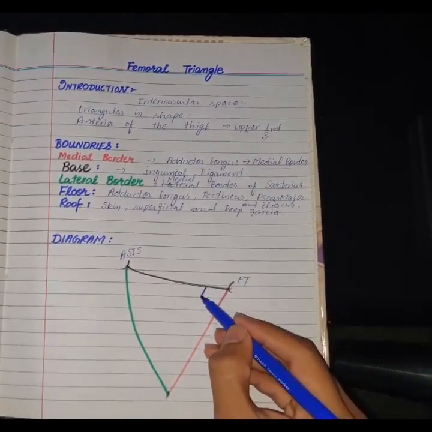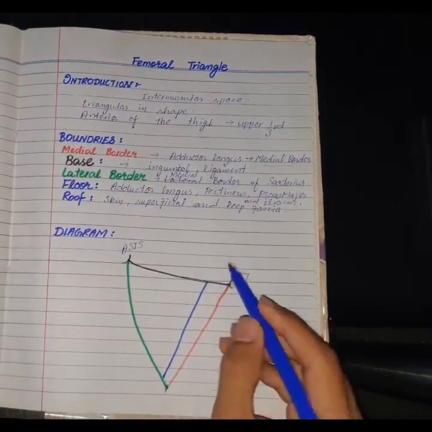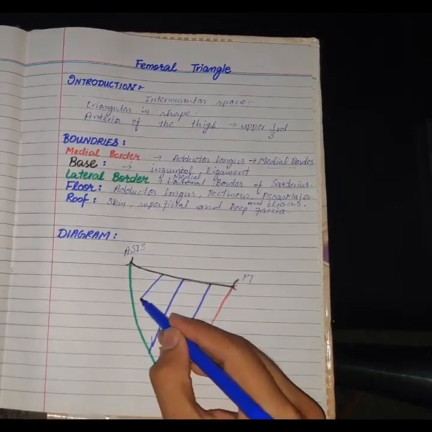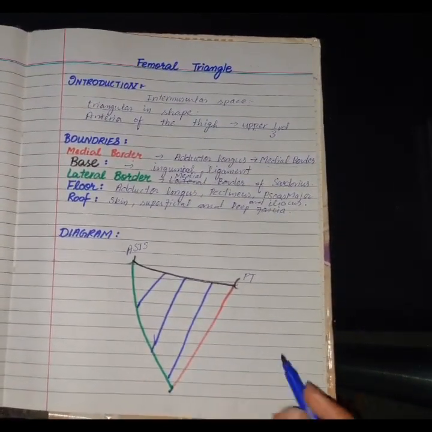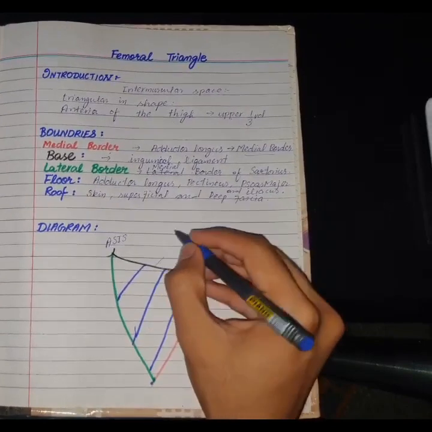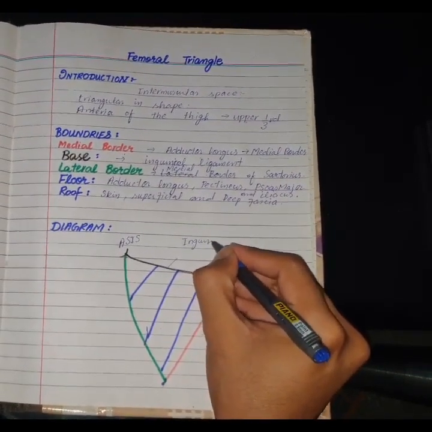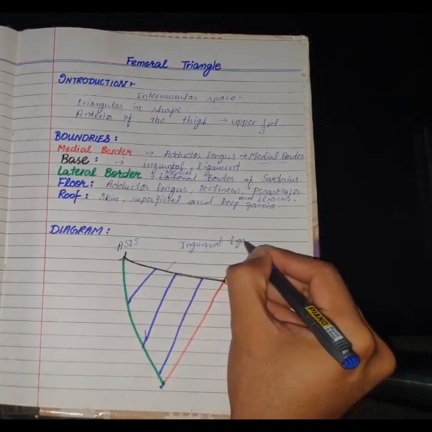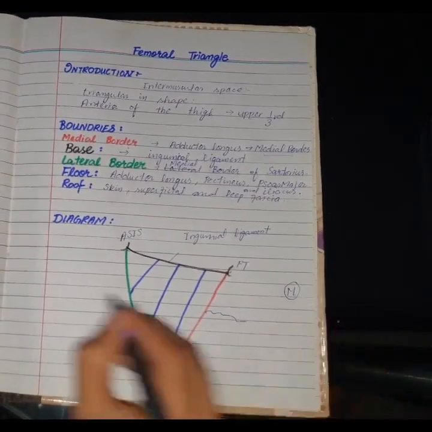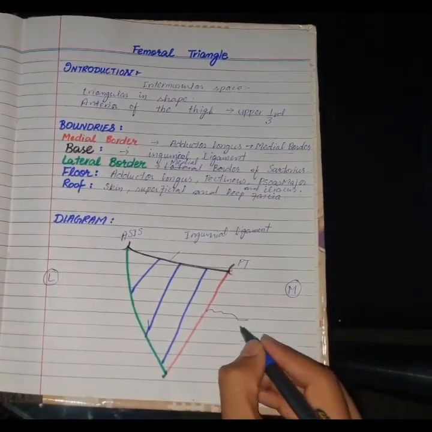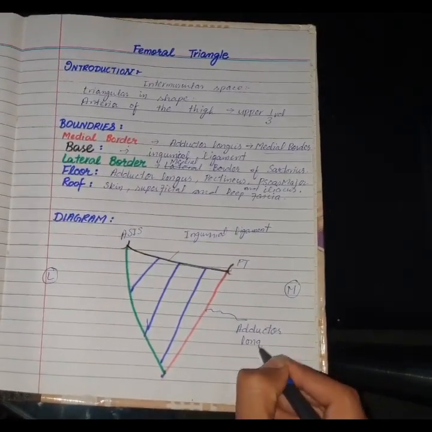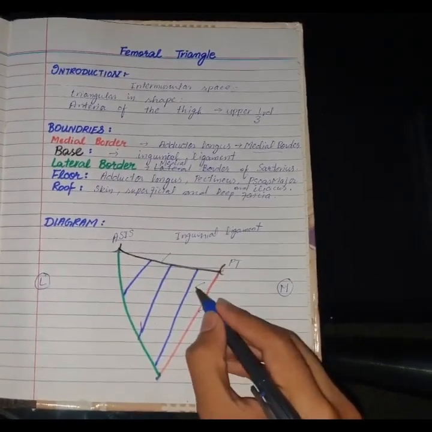The floor is formed by four muscles, that is adductor longus itself, pectineus, psoas major, and iliacus muscle. So this is inguinal ligament, this is medial side and this is lateral side. Adductor longus not only forms the medial border but also forms the floor of the femoral triangle most medially.